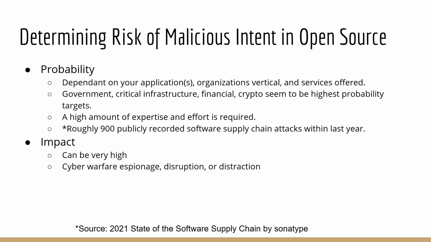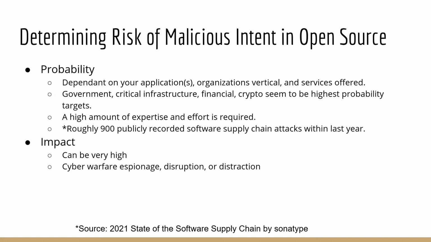So stepping back to a higher level, this is for you managers and risk quantifiers out there, to wrap up the presentation. Quantifying probability is going to be different for each organization and project. It really depends on what your organization does to understand the probability of attacks on your application, your project, or your organization.